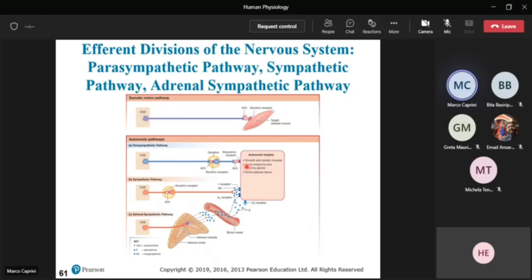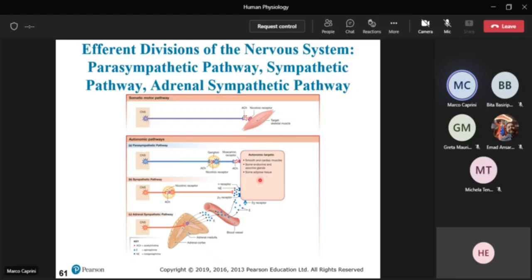We cannot control our intestine. We cannot control the cardiac muscle. So they are autonomic targets. They have to maintain the homeostasis. A lot of the roles of these targets is just to maintain the homeostasis. And in the next slides, you will analyze the autonomic pathway with Professor Marsenzio.